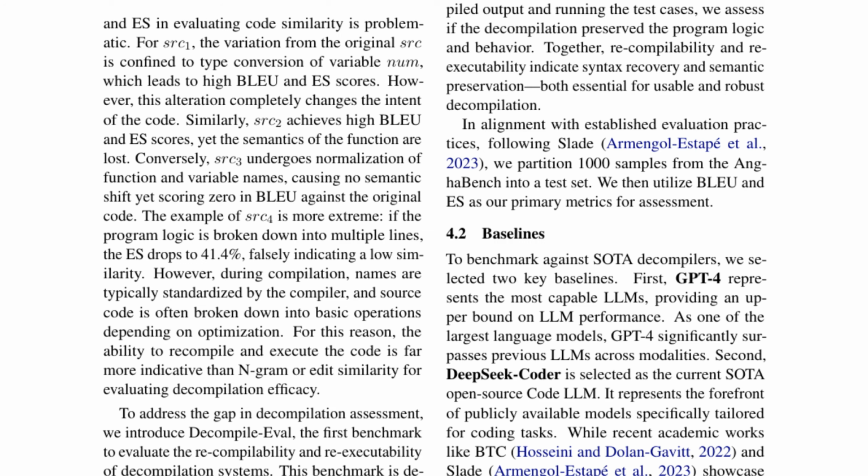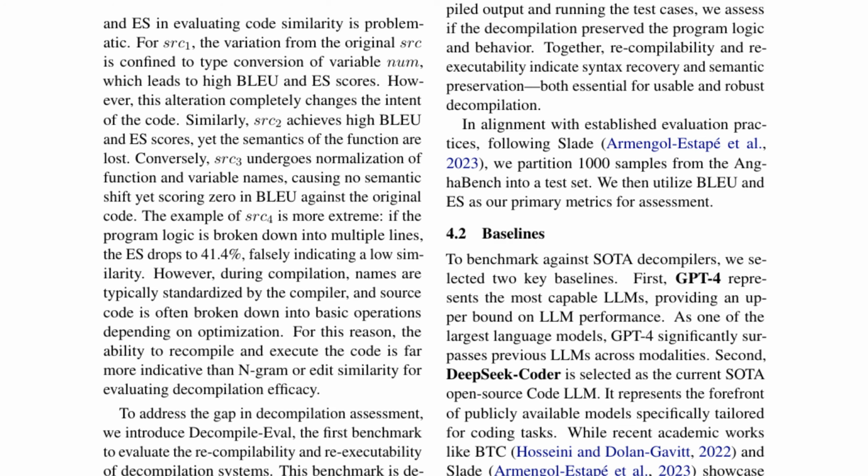Similarly, src_2 achieves high BLEU and ES scores, yet the semantics of the function are lost. Conversely, src_3 undergoes normalization of function and variable names, causing no semantic shift, yet scoring 0 in BLEU against the original code. The example of src_4 is more extreme. If the program logic is broken down into multiple lines, the ES drops to 41.4%, falsely indicating a low similarity.